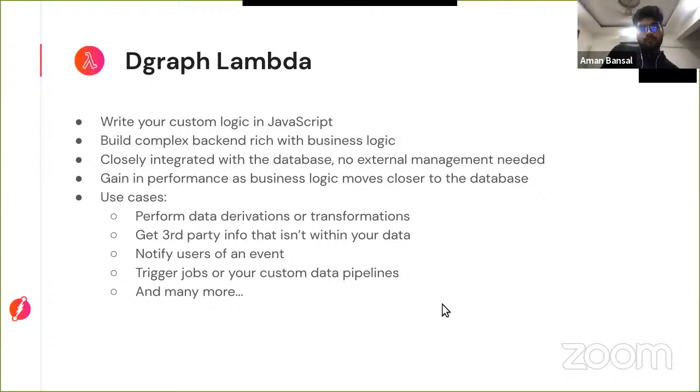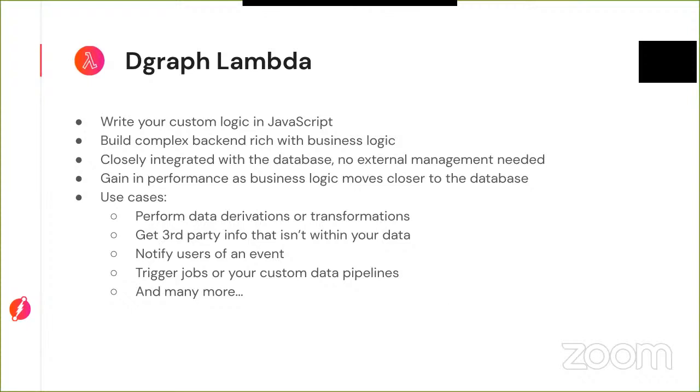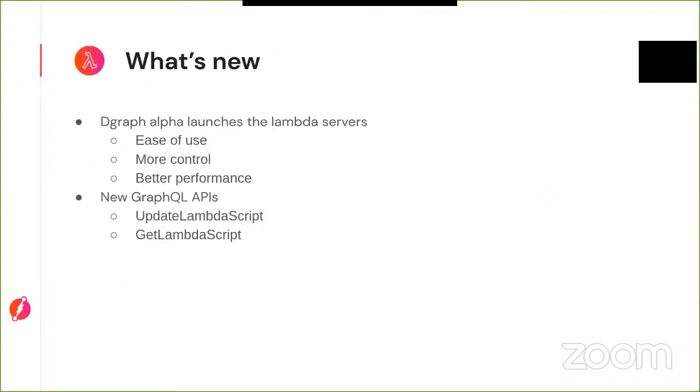So let's get started, and first of all see what changes we made to Dgraph that closely integrate it. So what is new? Earlier, the user had to set up their Lambda servers externally, and Dgraph Alpha talks to it. That produces lots of hassle for a developer, since they have to manage their own Lambda servers externally as well.